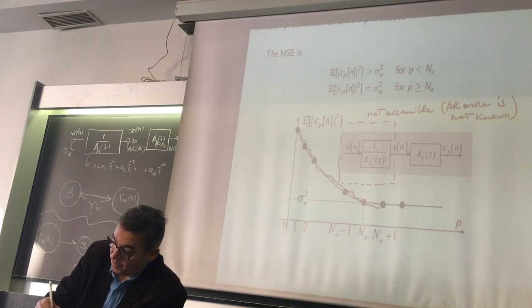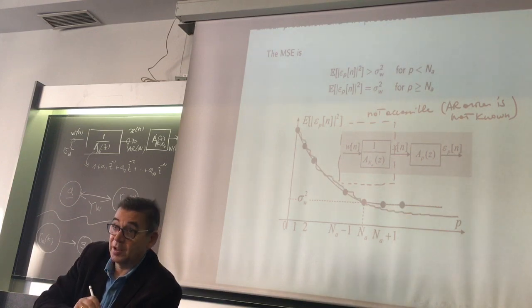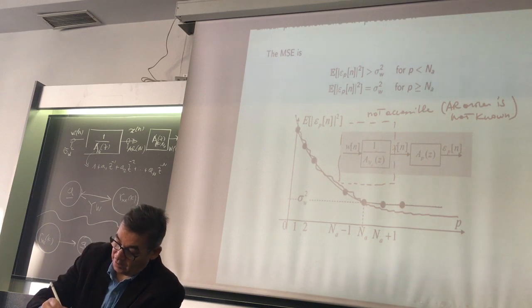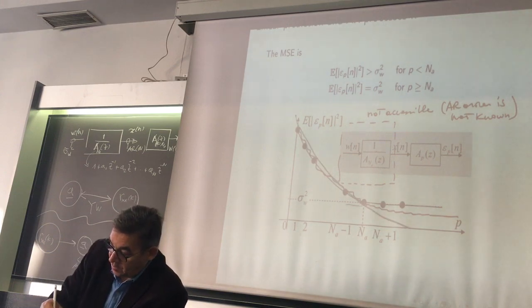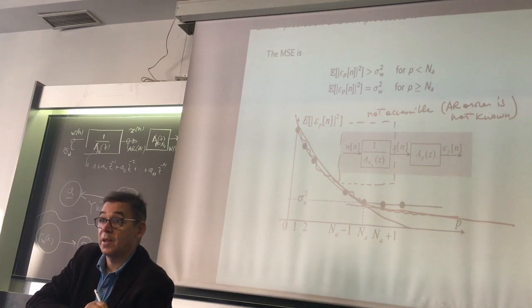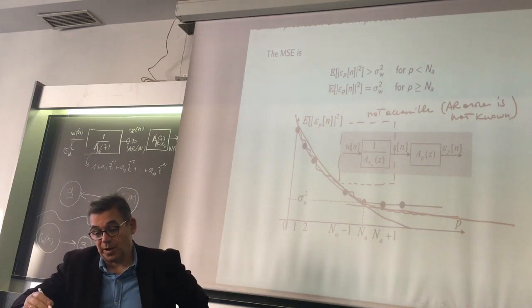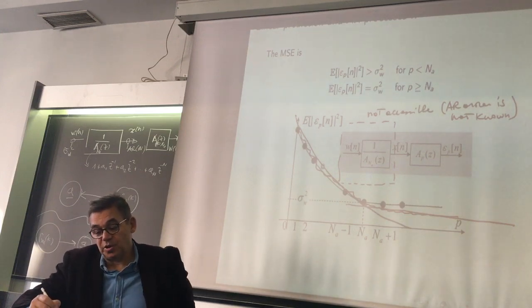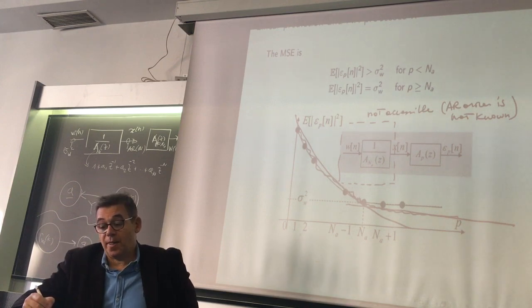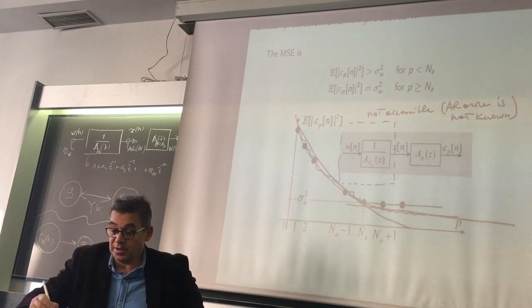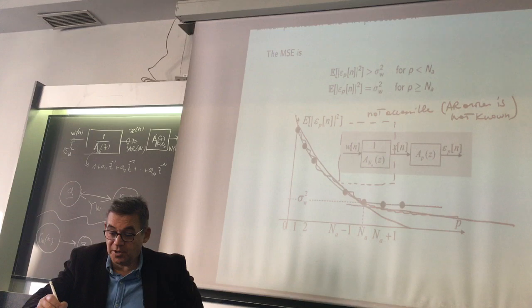But at a certain point they slowly flatten. So there is a kind of different slope. Up to a certain point this behavior is quickly decreasing, and then from a certain point forward it's slowly decreasing. So there is a change of decreasing speed.